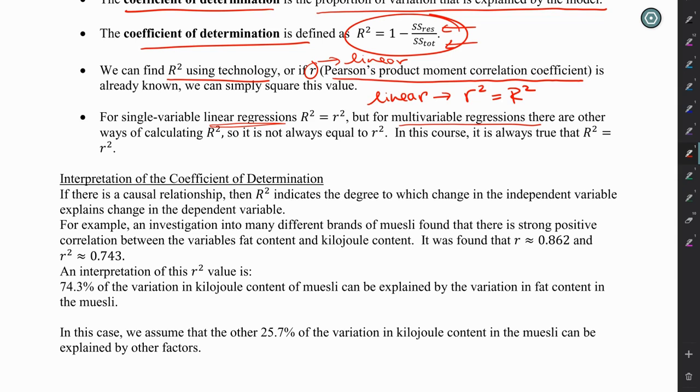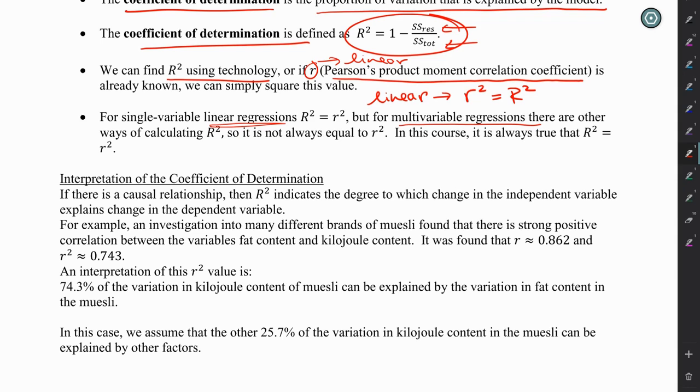In this case, fat and calories, kilojoules, okay, this is European. We just tend to think of them as calories here. But kilojoule is a measure of energy, so fat turns into energy, and we tend to think of calories as energy in our day-to-day living.